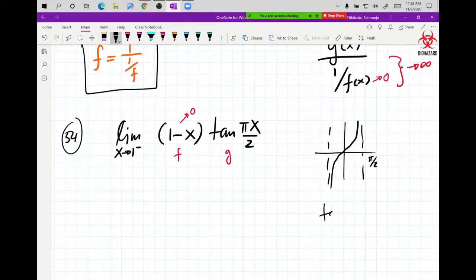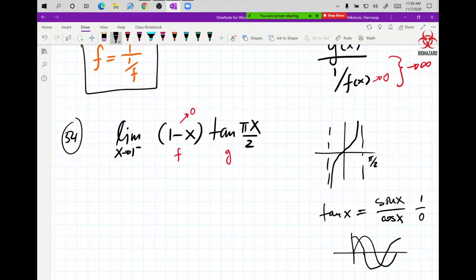Because tangent x is sine over cosine x. At pi over 2, sine is 1 and cosine is 0. So you must get the vertical asymptote because you're dividing by 0 there. So I just know that.